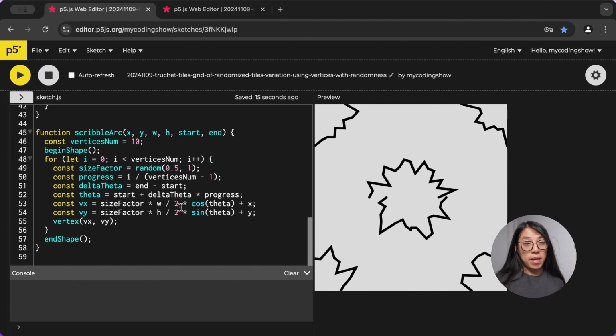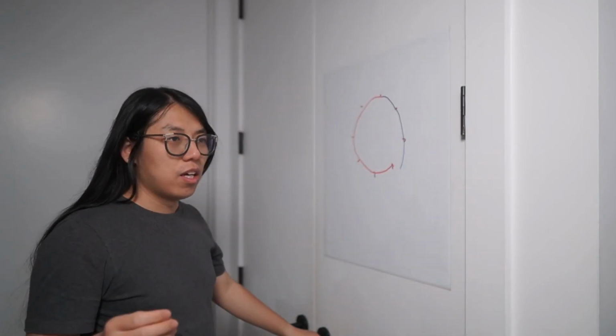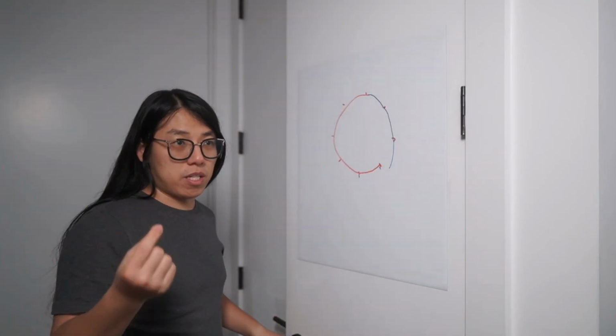Each tile is independent. You cannot pre-calculate. I mean, you can if you want to pre-calculate the randomness for everything, but that's a little bit too complicated. And there's a simpler way and a more unified way. And before we do that, it's important to know how this truchet pattern, this quarter circle truchet pattern, works.